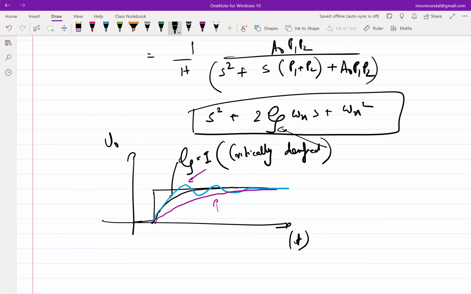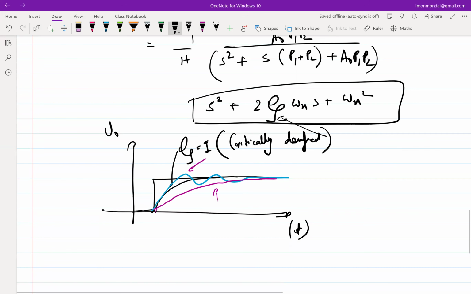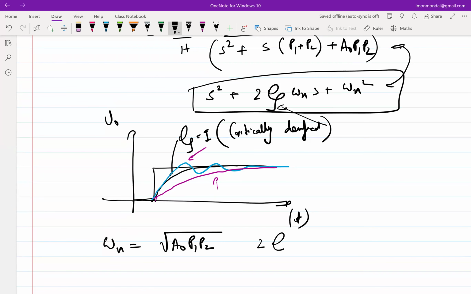These are properties of the loop filter. Then if I equate these two, your omega n becomes under root A naught P1 P2, and 2 zeta omega n becomes P1 plus P2.